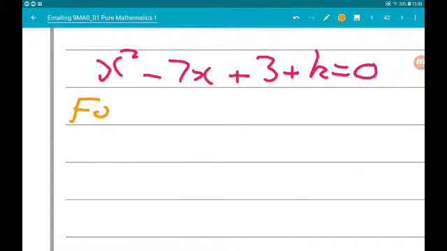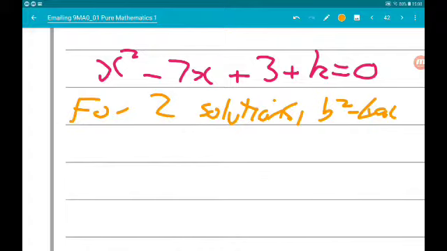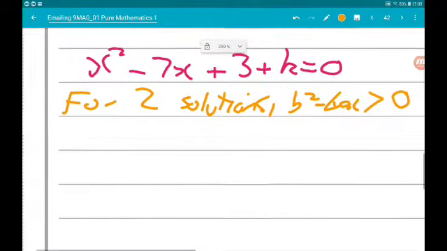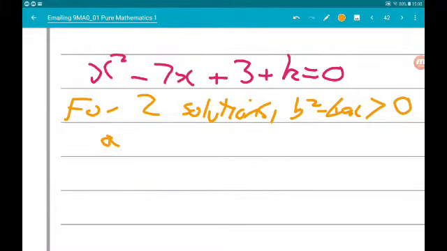So, for two solutions, b squared minus 4ac is greater than 0. So, a is 1, b is minus 7, and c is 3 add k.